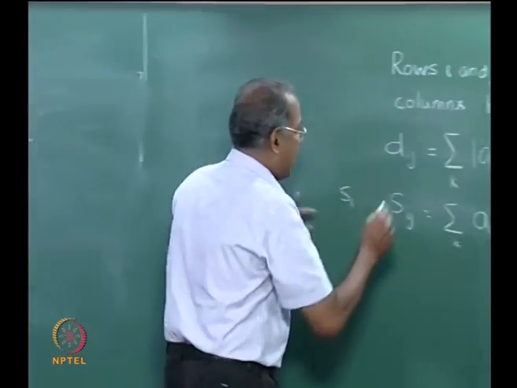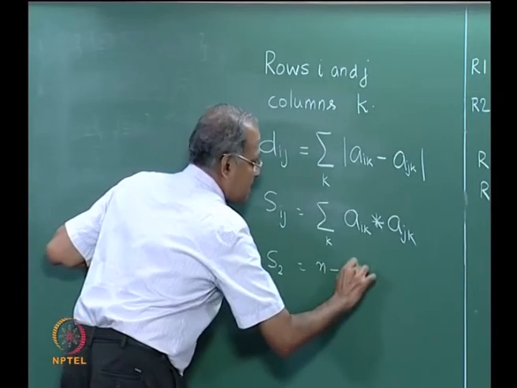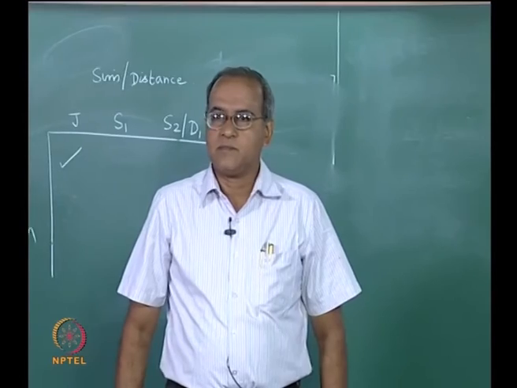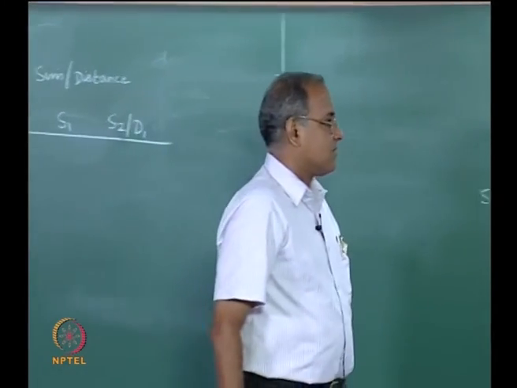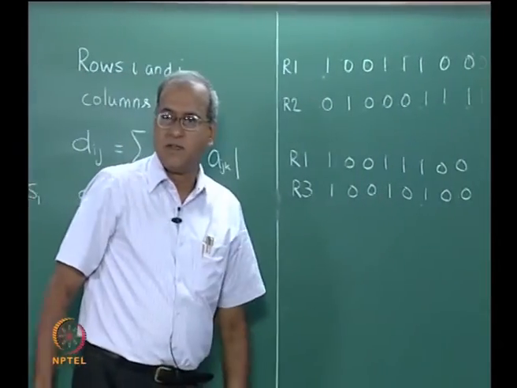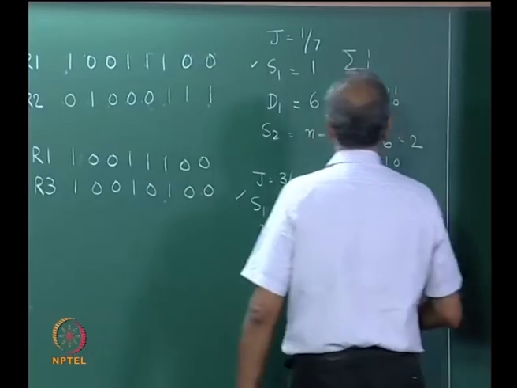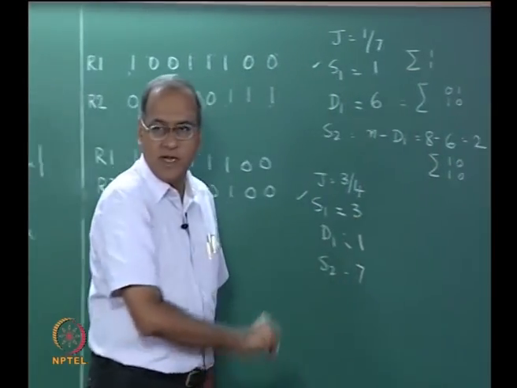Now, an easier way of defining S2 is equal to n minus d_ij, because here I am adding 1 1 pairs and 0 0 pairs.